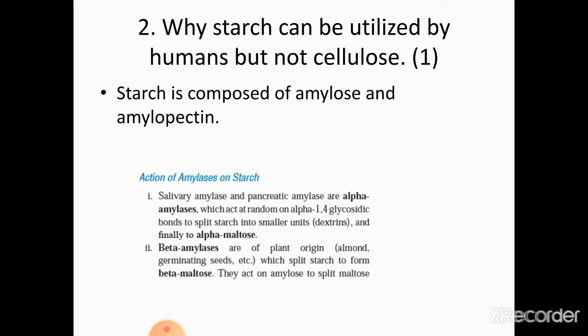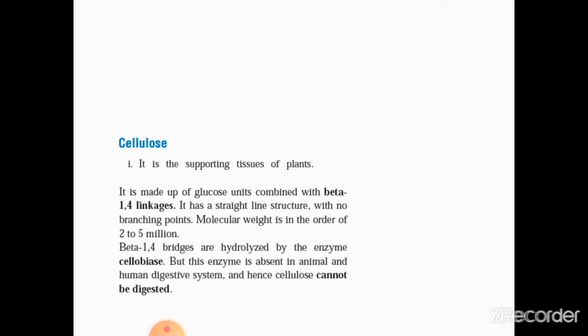Next question, why can starch be utilized by humans but not cellulose? Starch is composed of amylose and amylopectin, and by the action of amylase, it is broken down into smaller units, dextrins. Whereas cellulose is the supporting tissue of plants, and it has glucose units combined with beta 1,4 linkages.